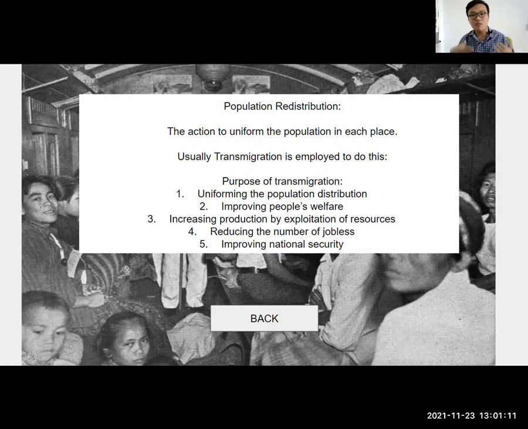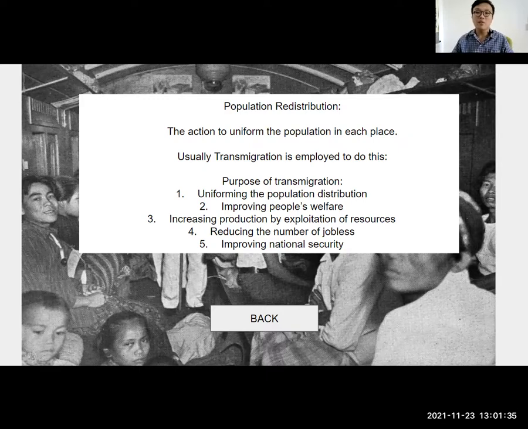The purpose is making the population distribution uniform and improving the people's welfare. People that can't afford houses in big cities have the chance to own land of up to 2 hectares provided by the government, which is very beneficial. Increasing production by exploitation of resources.